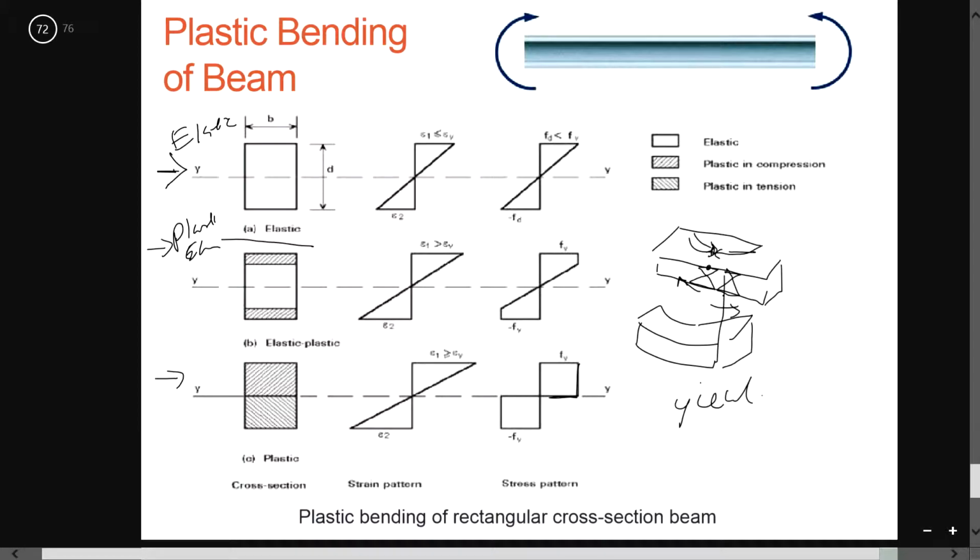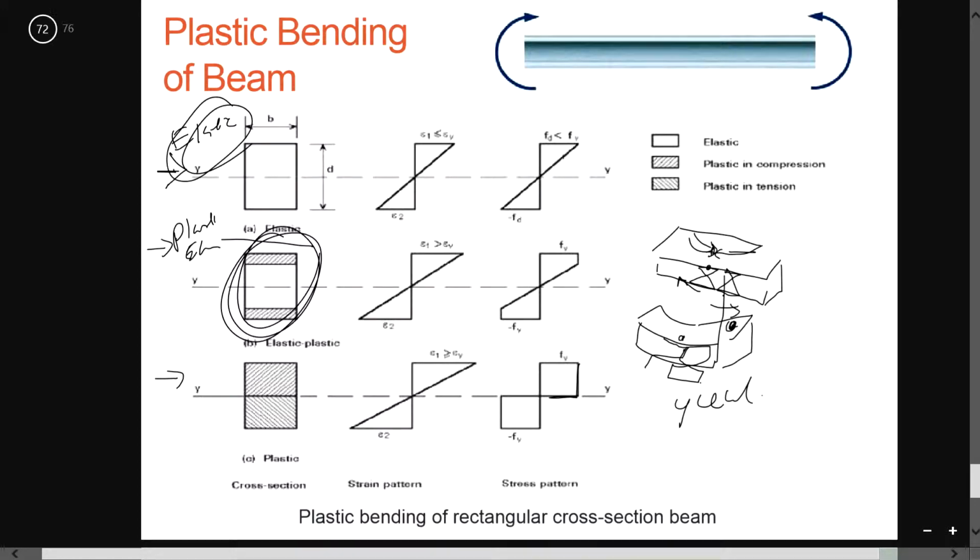At this point over here, it may start to yield a little bit. So this is somewhat the graph. Something like that, okay? So at this point is somewhat this elastic-plastic region. However, at the tip over here, which experiences lesser stress, it will be elastic.